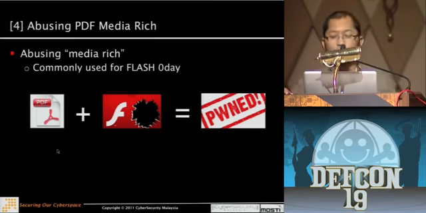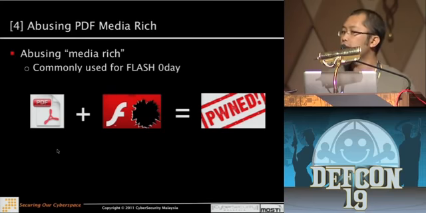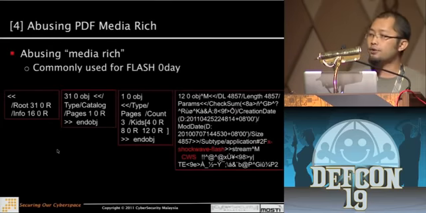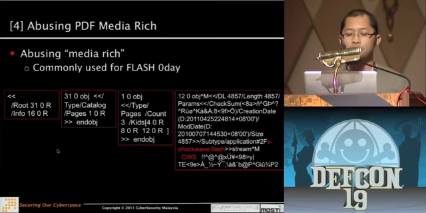So you have a normal, good-looking PDF. It's not malformed, but you have bugs in Adobe and Flash. You get owned as well, right? How does it look within your PDF structures? For example, you start with /Root again.